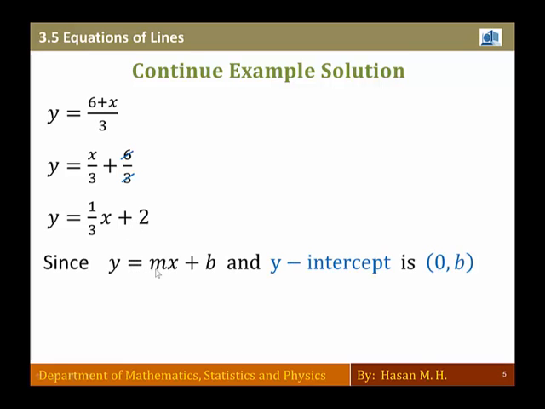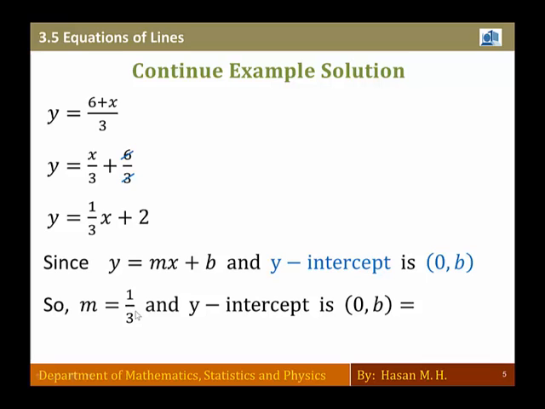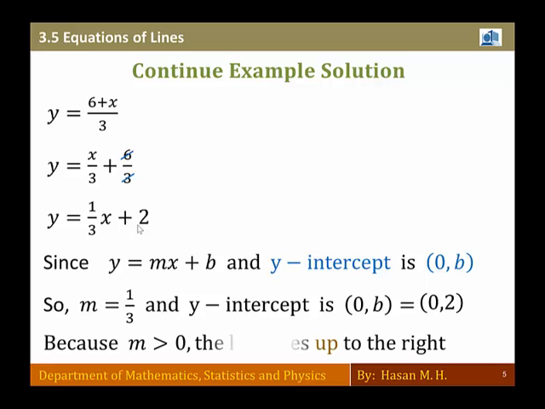Since y is equal to mx plus b and the y-intercept is (0, b), the slope equals 1 over 3 and the y-intercept equals (0, 2). Because the slope is a positive number, the line goes up to the right.